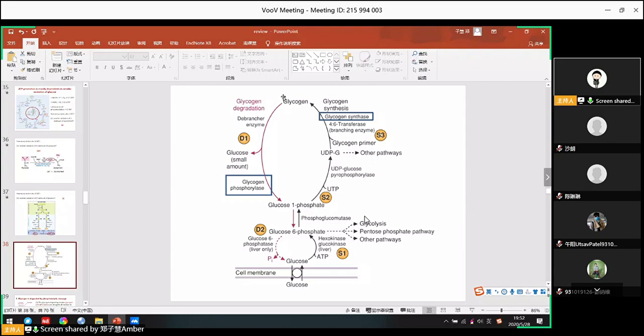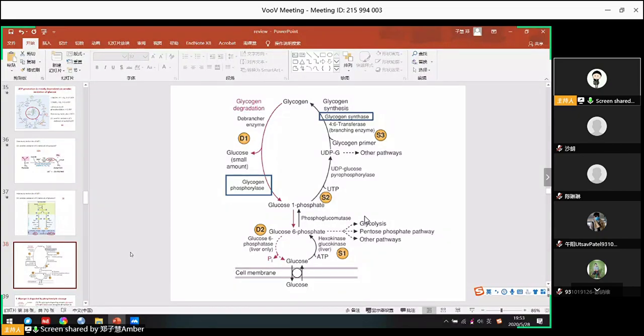In glycogen degradation, firstly glycogen is acted on by glycogen phosphorylase to produce glucose 1-phosphate. It will convert into glucose 6-phosphate. And then glucose 6-phosphatase removes the phosphate. This only exists in the liver, and it produces free glucose.